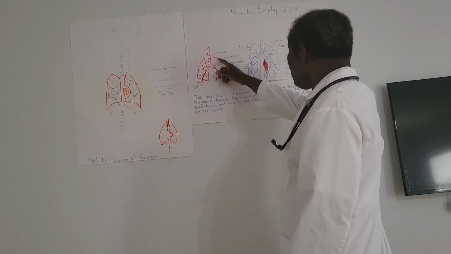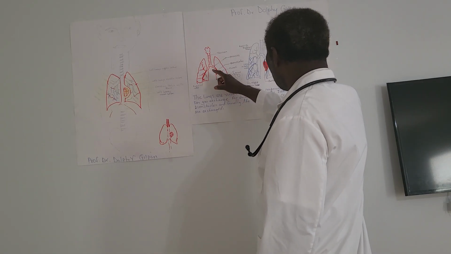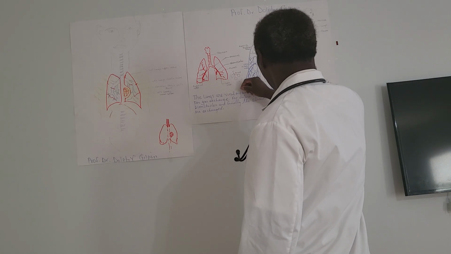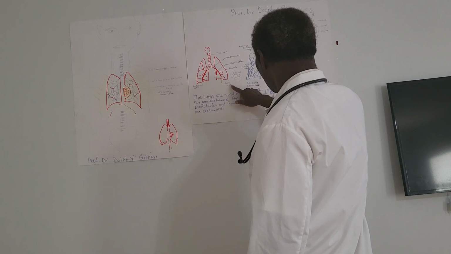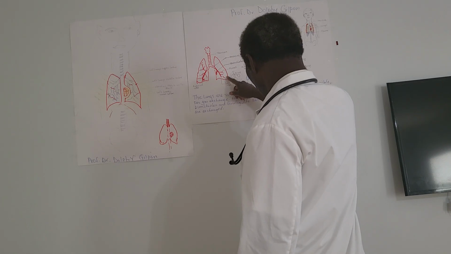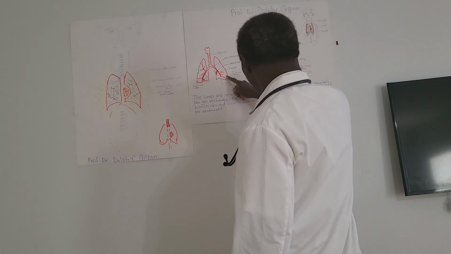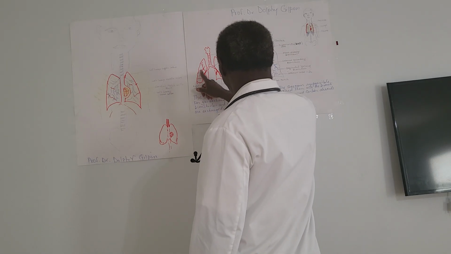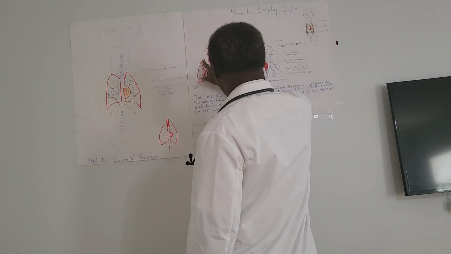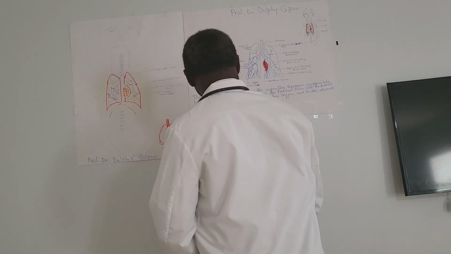Over here we have the same thing with the trachea, the bronchi, the bronchioles, alveoli, the middle lobe. Here's the alveoli here, the left lobe. And the right lobe, middle lobe, and right upper lobe.